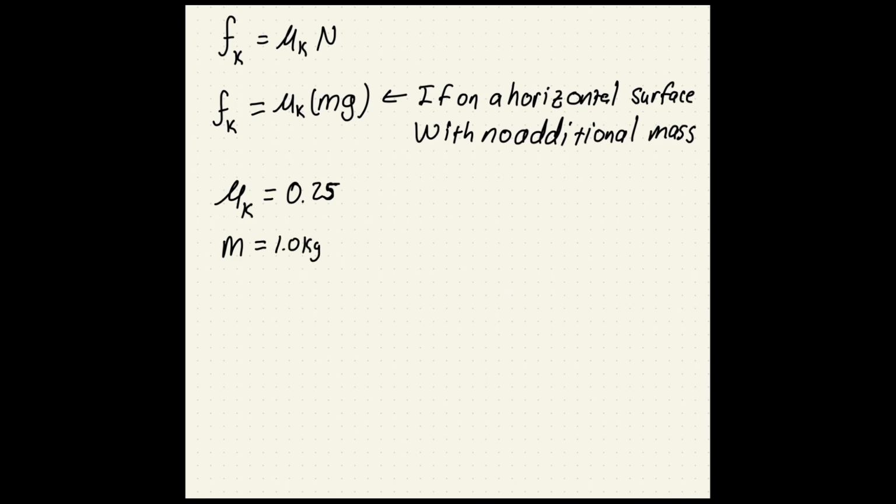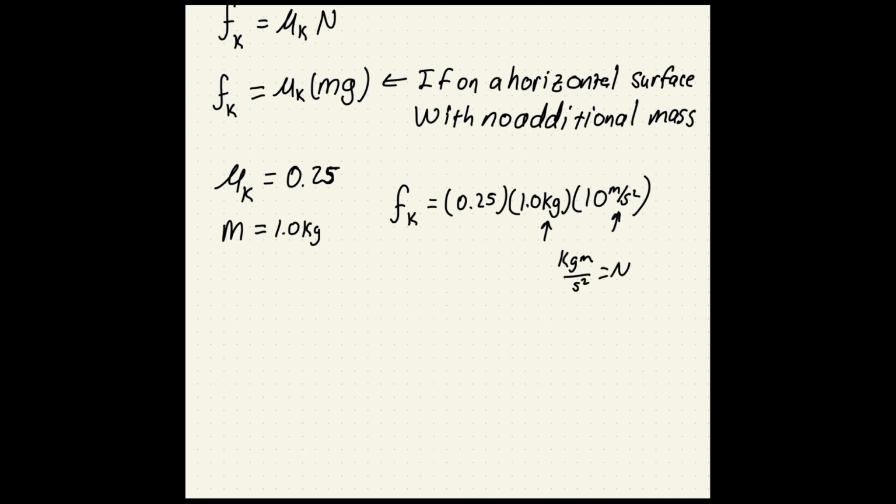We want to know what is the friction force. We can calculate it saying friction force is equal to mu sub k, which is 0.25, unitless, times m, 1.0 kilograms, times g, 10 meters per second squared. Units I get out are kilograms times meters per second squared. That's what we call the newtons, so that's good.